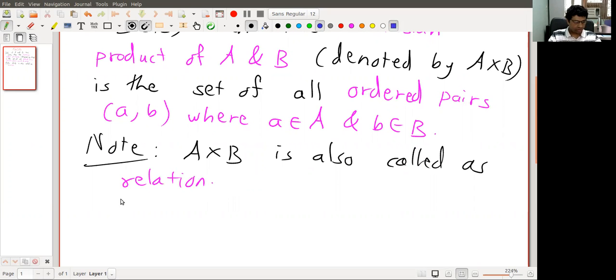Now the next definition, the definition of a function. Let A and B be any two sets.